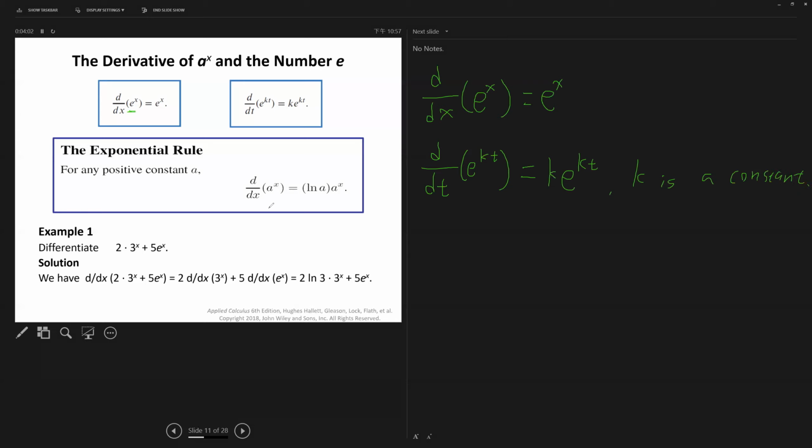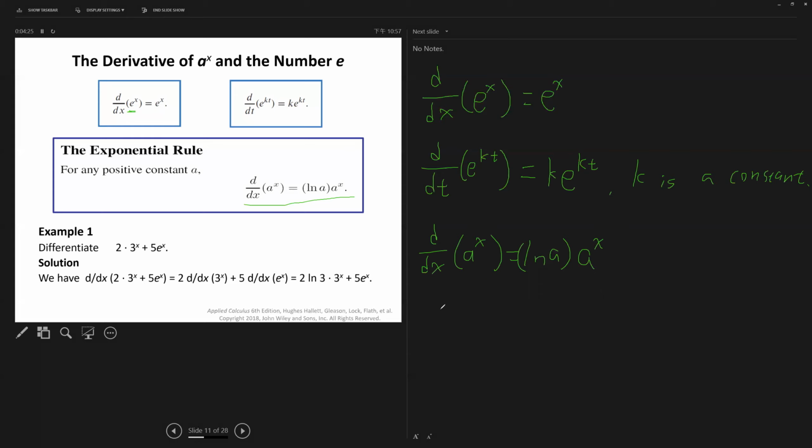And if you have some other constant base a, and you have a to the power of x, then the derivative is ln a times a to the x. If your base is e, then ln e is just 1. So that's why the derivative of e to the x is just itself.